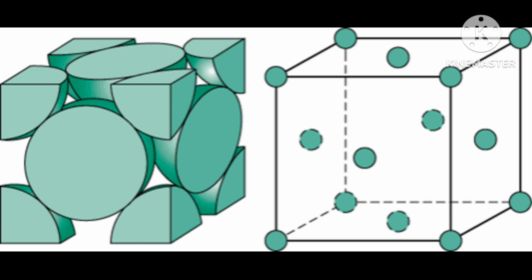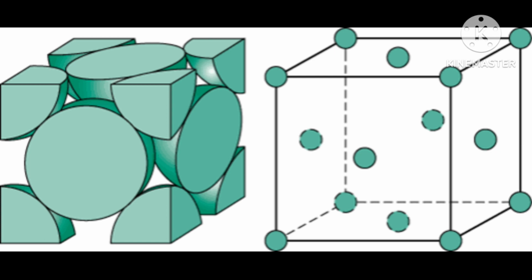Then here the mass of the unit cell, capital M, is equal to the number of atoms in the unit cell into the mass of each atom. Mass of each atom means Z into m.